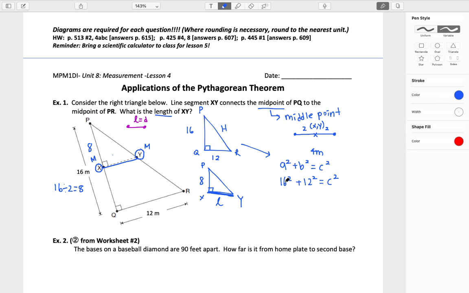So 16 times 16 is 256, plus 12 times 12 is 144, equals c squared. And when you add them together, you will get 400. And square root both sides, you will get 20. So c, the hypotenuse, is 20. So from P to R, it's going to be 20 meters long.